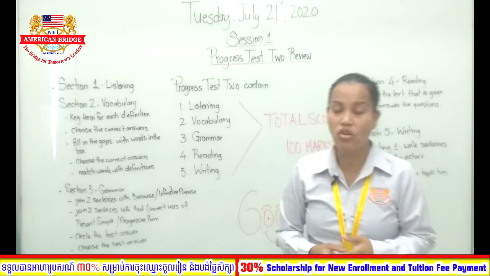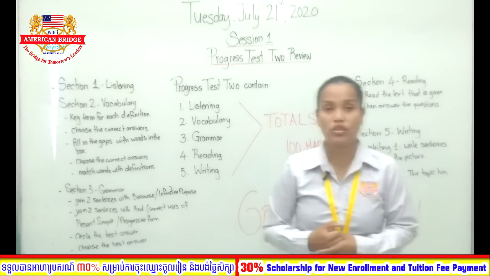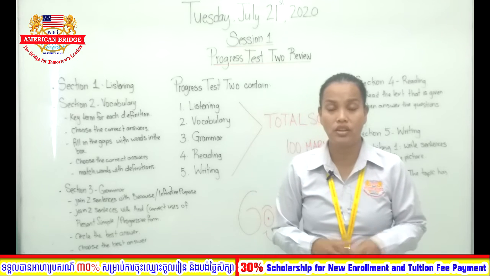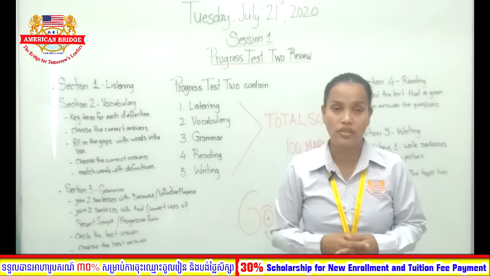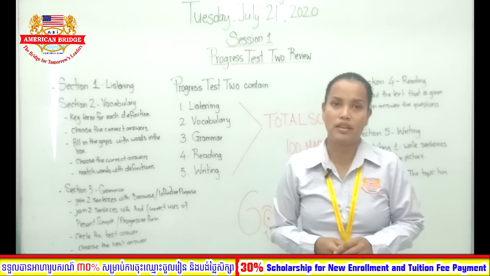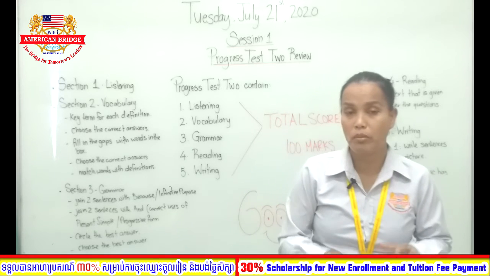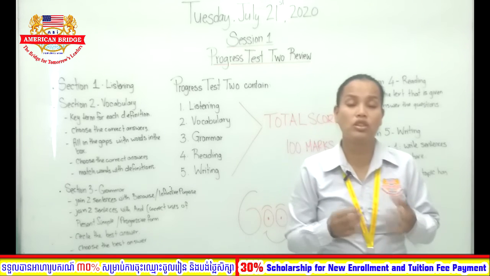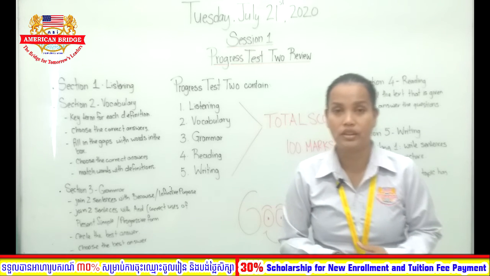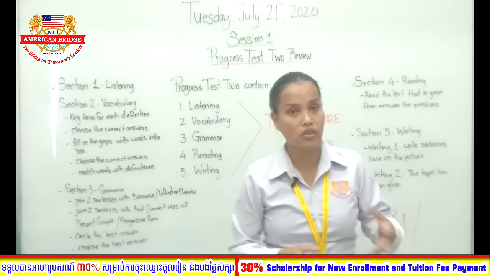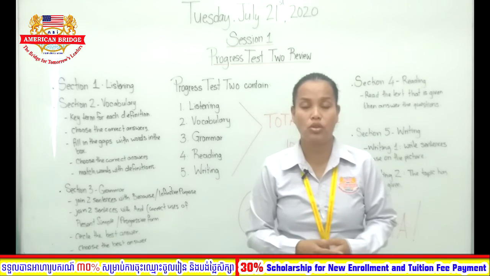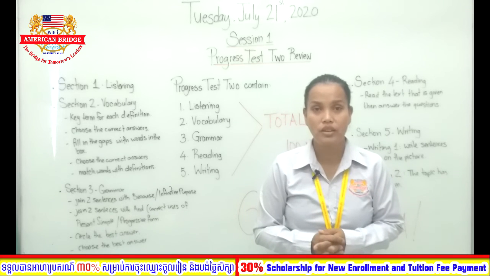So please study your Blueprint 2 very carefully, starting from Unit 3, Lesson 1 till probably Lesson 3, I believe. The most important part is to learn all of your vocabulary. Very, very important, because most of it is going to come out in your Progress Test 2, okay?